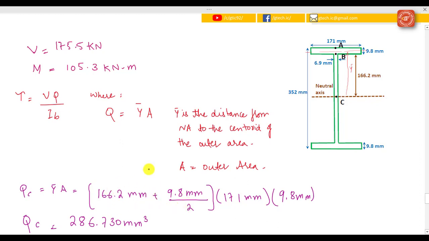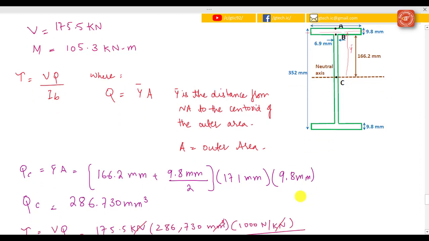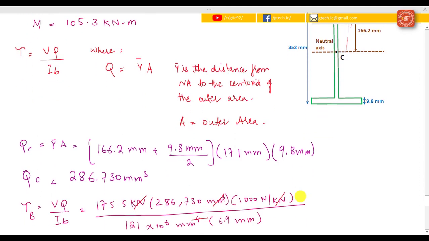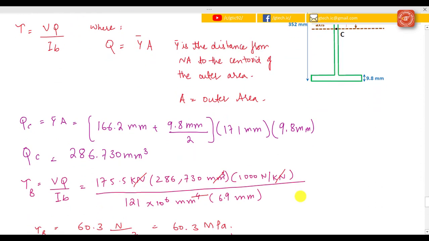This value gives y bar, measured from this point to the center of this rectangle of this section, times the area of the outer area, which is 171 millimeter times 9.8 millimeter, and the Q would become 286,730 cubic millimeter.